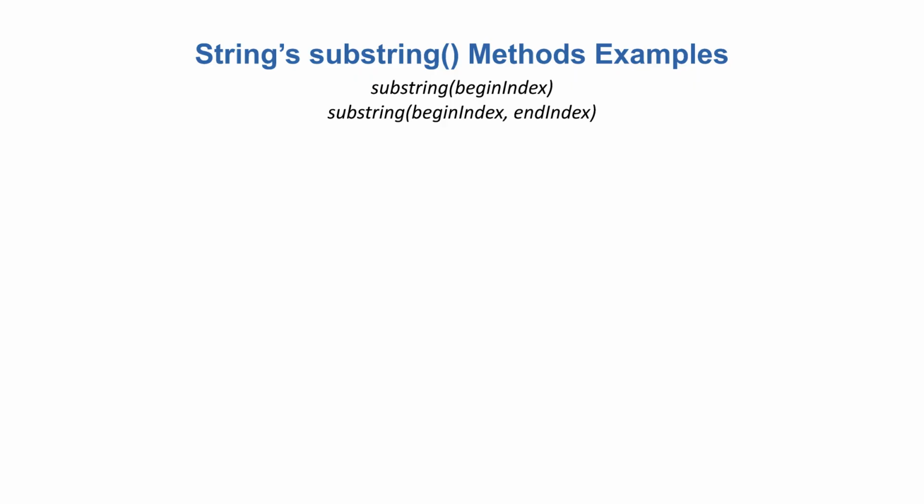Substring(beginIndex, endIndex) returns a string of the characters from begin index to end index, but doesn't include the character at end index. The characters in a string are numbered starting at 0. For example, the string Hello World has 11 characters numbered 0 through 10 like this. So the index of the last character is 1 less than the length of the string.